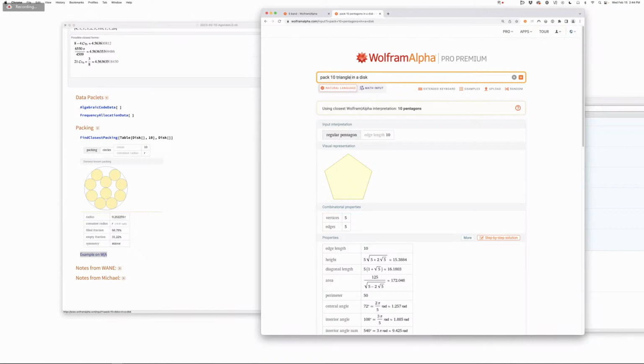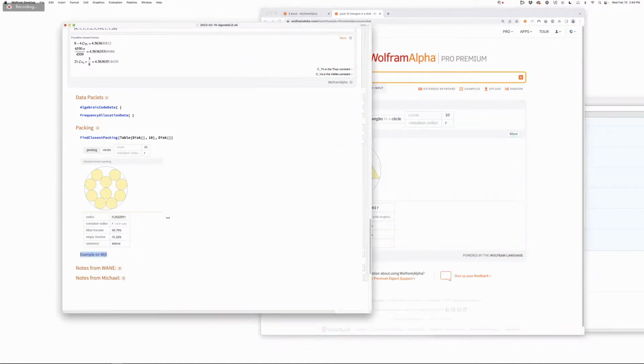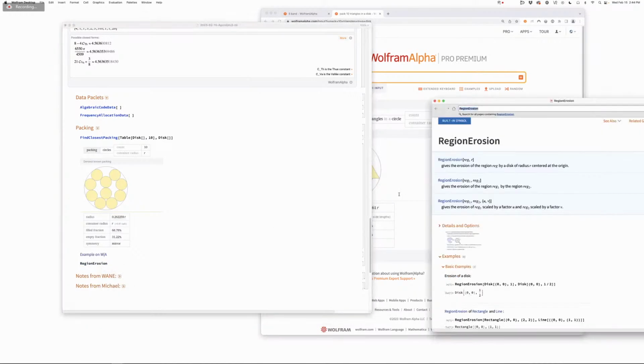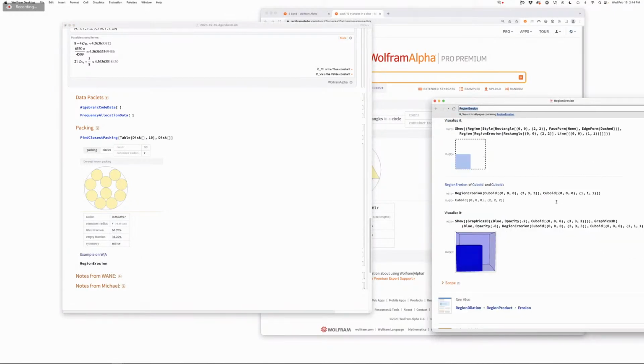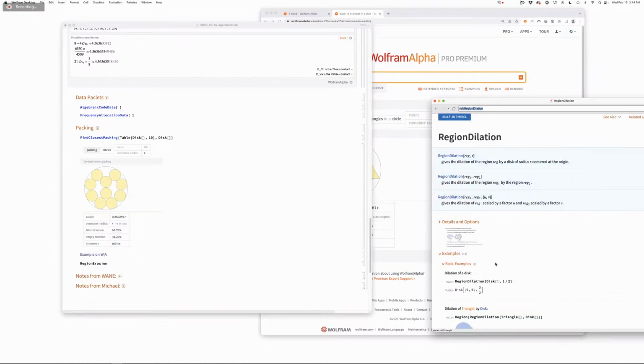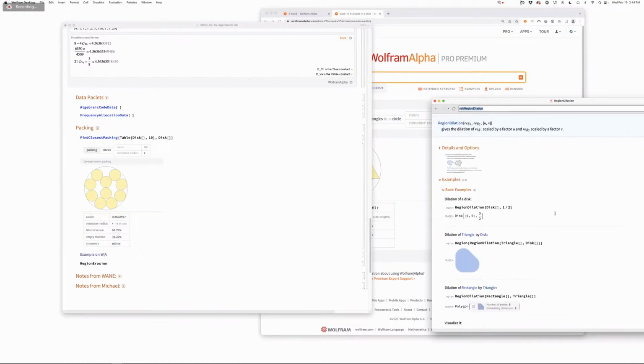I can't think of the function name off the top of my head. Well, here, I think it's region erosion. No, yeah. Or is it region dilation? I can never remember. Yes, I think it's region dilation.